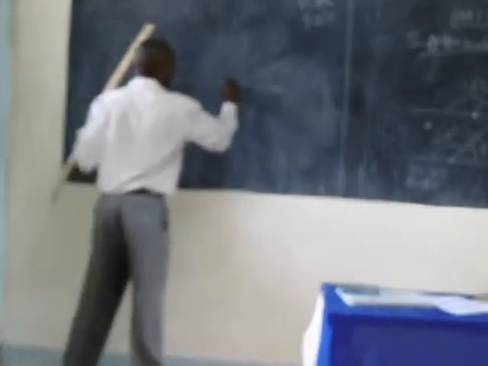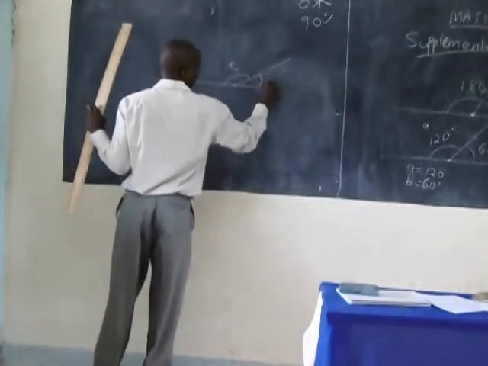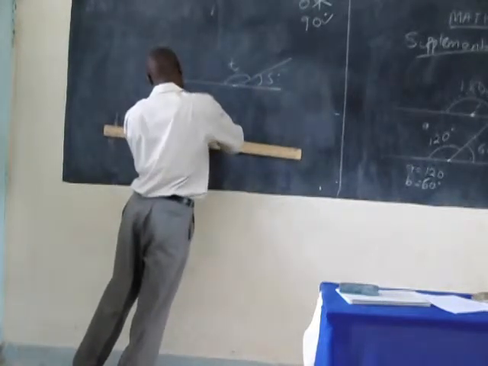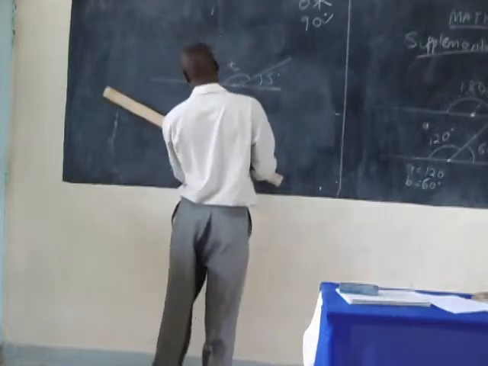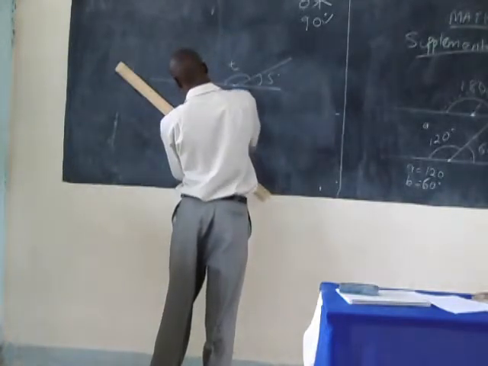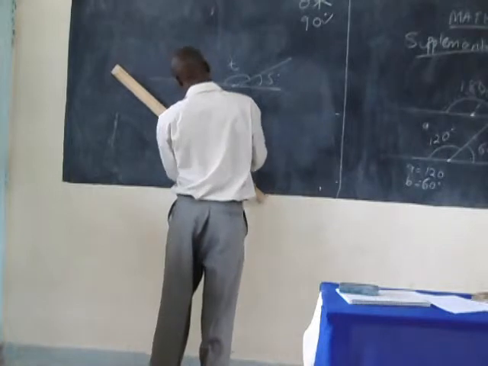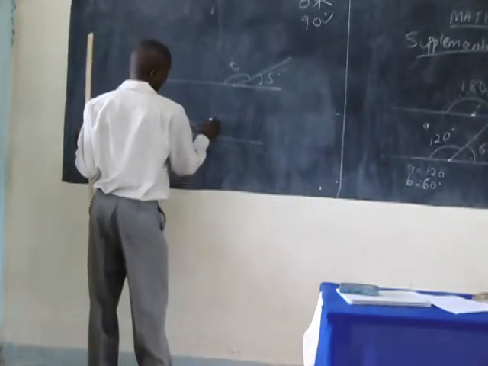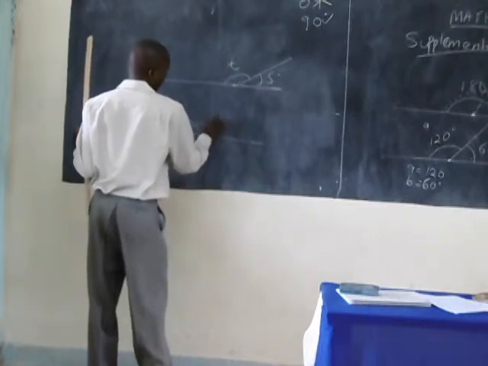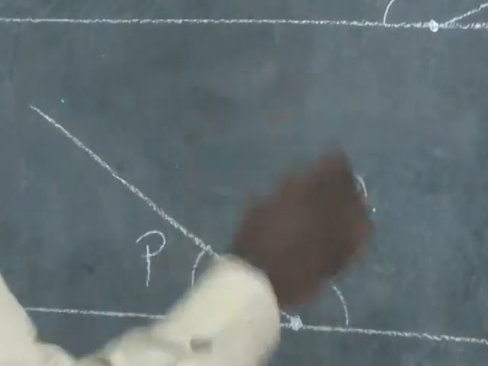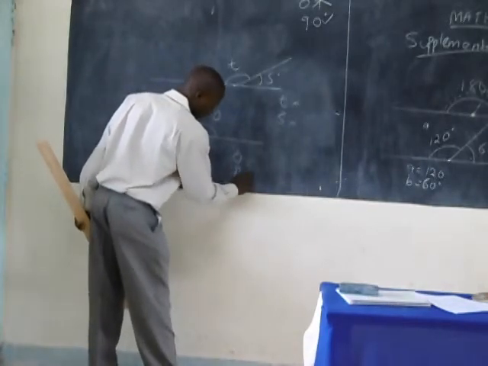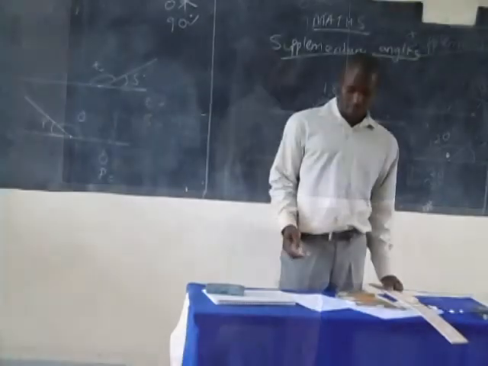That is 1. Give this one to be T, this is S. Another one. Draw any angle. Mark it here. This is now O, P. Find T, S. O, P. Thank you very much.